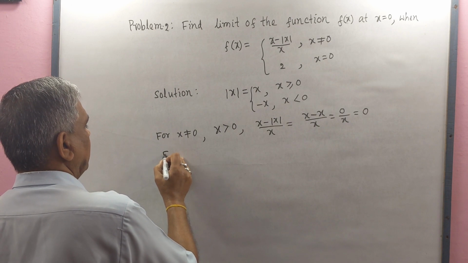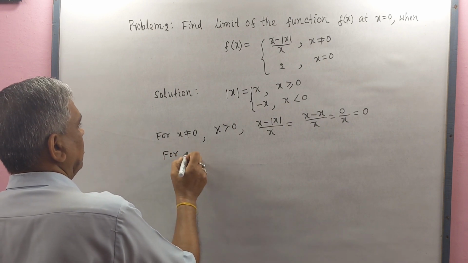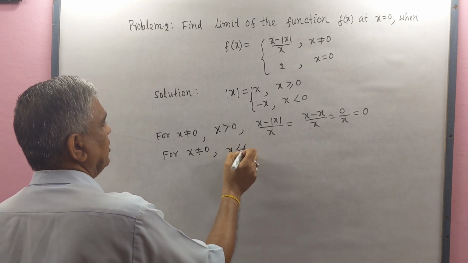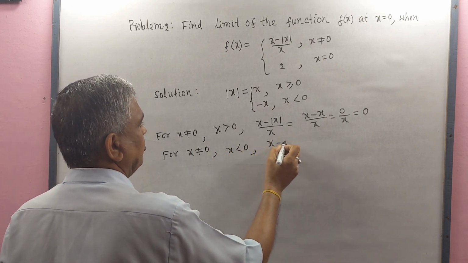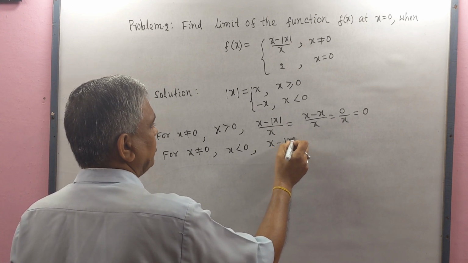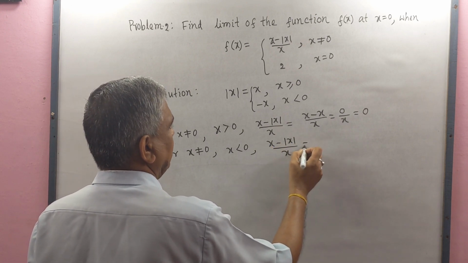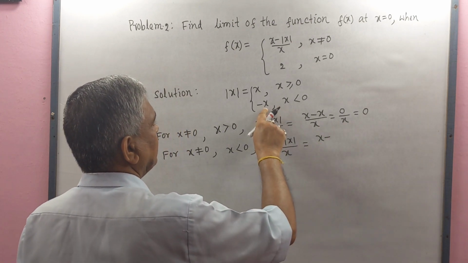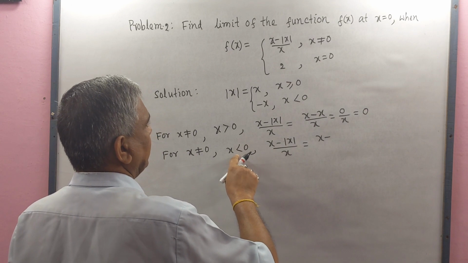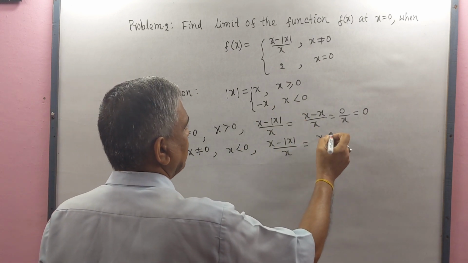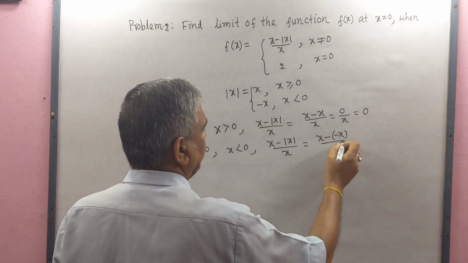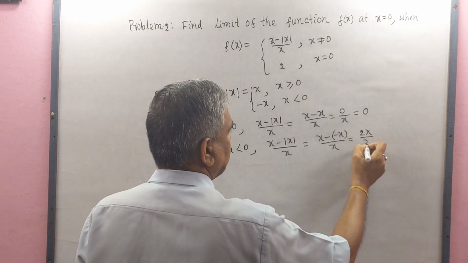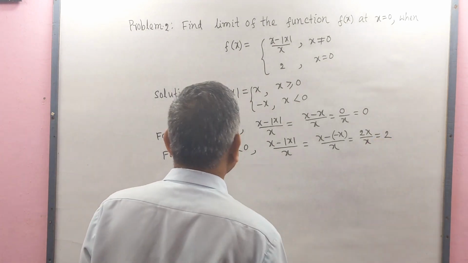Again, for x not equal to 0, x less than 0, x minus modulus of x by x equals x minus modulus of x, in this case x less than 0, minus x, by x, that is 2x by x equal to 2.